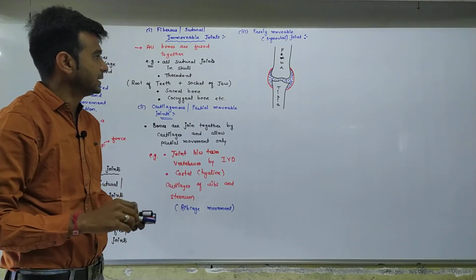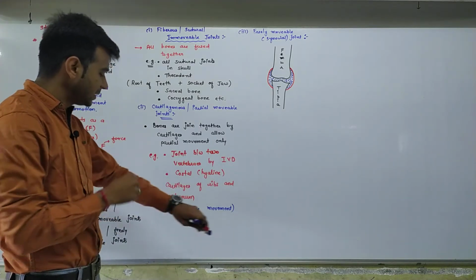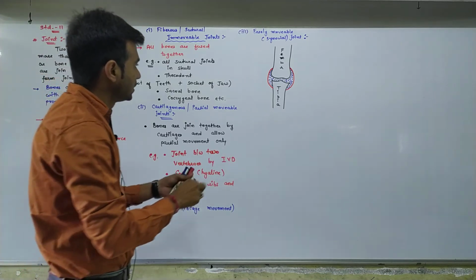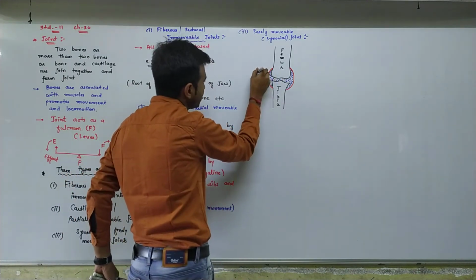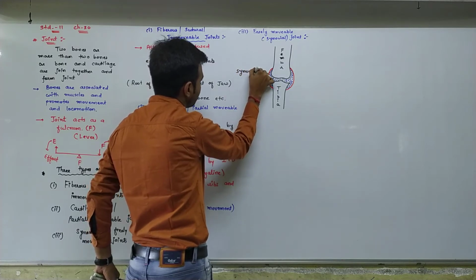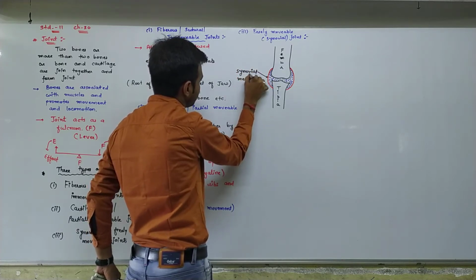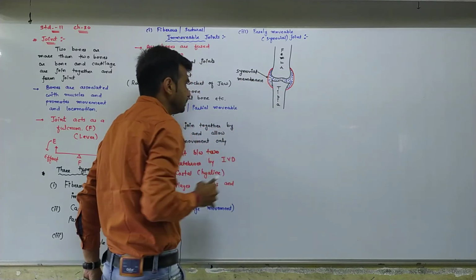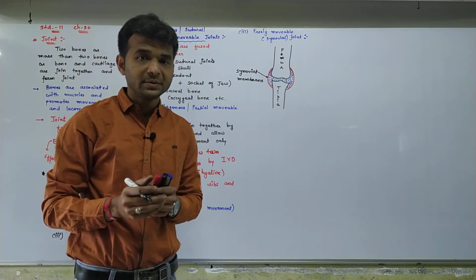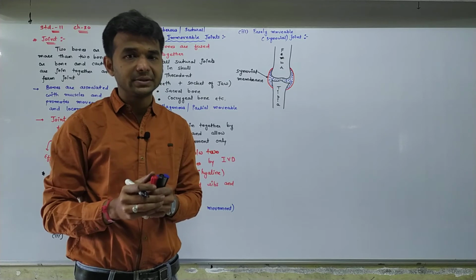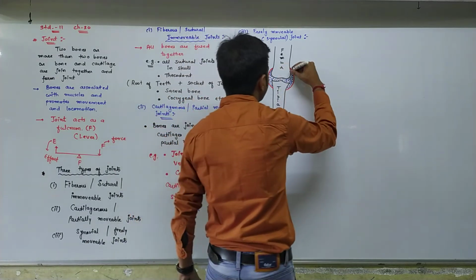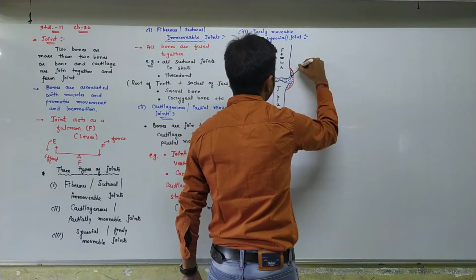Yes, now you know that this is the knee joint. So femur and tibia join together and form the knee joint. Here laterally the red colored region is known as the synovial membrane. This synovial membrane consists of specialized cells known as synovial cells, and these synovial cells produce the fluid. So this blue colored portion is known as synovial fluid.